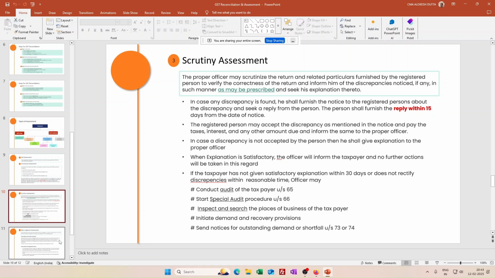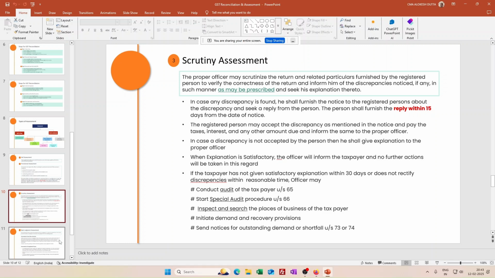If you do not do so within 30 days, he can order an audit by the department under section 65, by a cost accountant or chartered accountant under section 66, or order inspection and search, initiate demand and recovery provisions, and send notice of outstanding demand under section 73, 74, which is very serious.